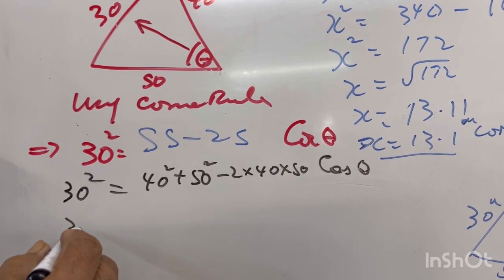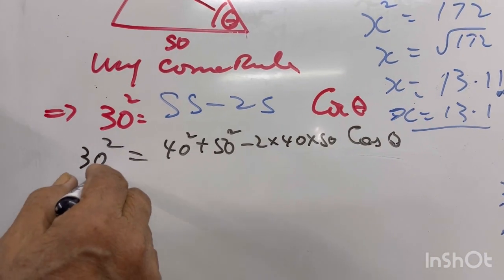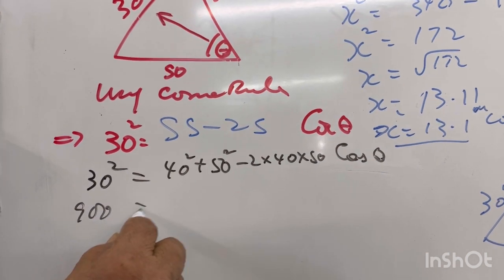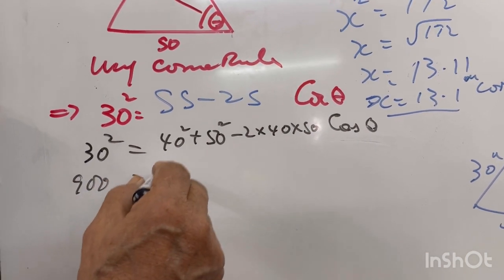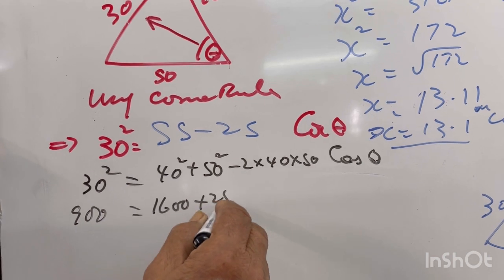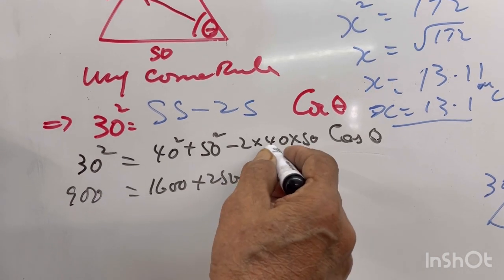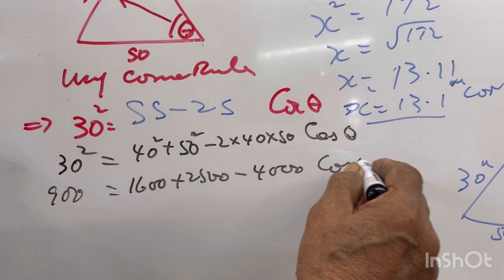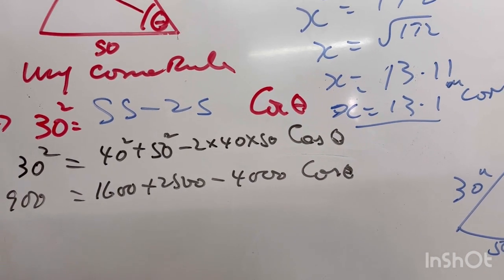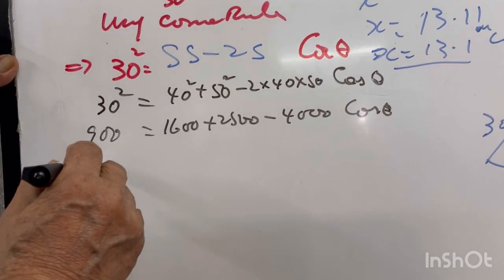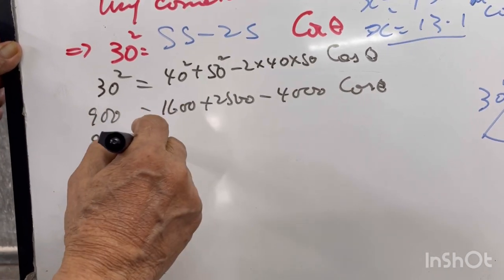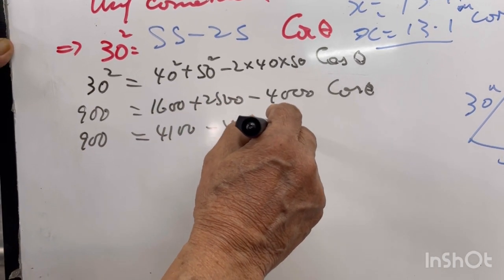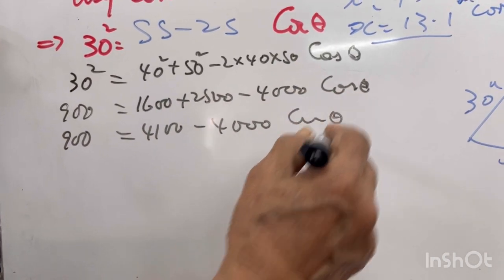So 30 squared is 900. 40 squared is 1600. 2 times 5 times 4 is 40, that's 4000 cos the angle. So it's 900 equals 2500 plus 1600, that is 4100, minus 4000 cos the angle.